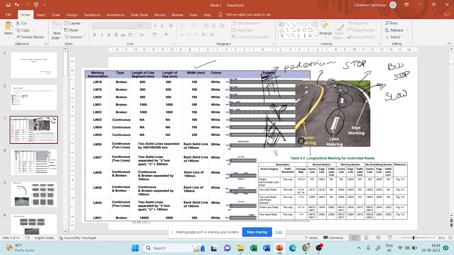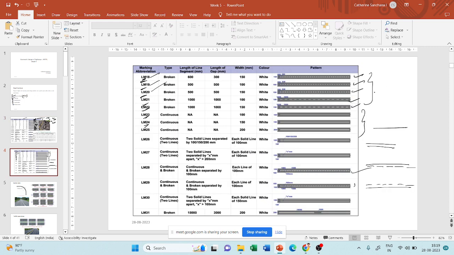Now, even if it is broken, why does it have to be given different spacings or different lengths? Because you need to identify, right? So some will be just demarcating different lanes, so it will just help you to differentiate between different lanes. So one kind of marking is for that. One kind of marking, maybe it is for giving you a warning that you have to overtake.